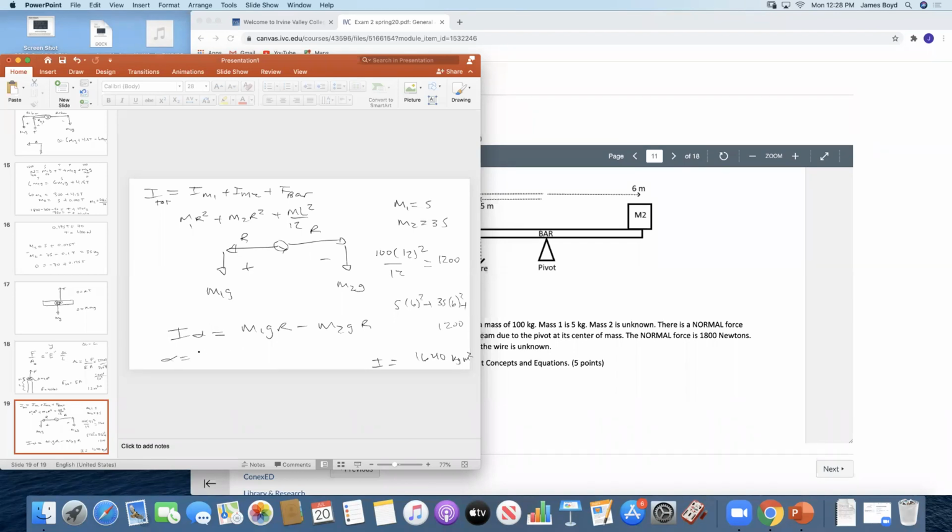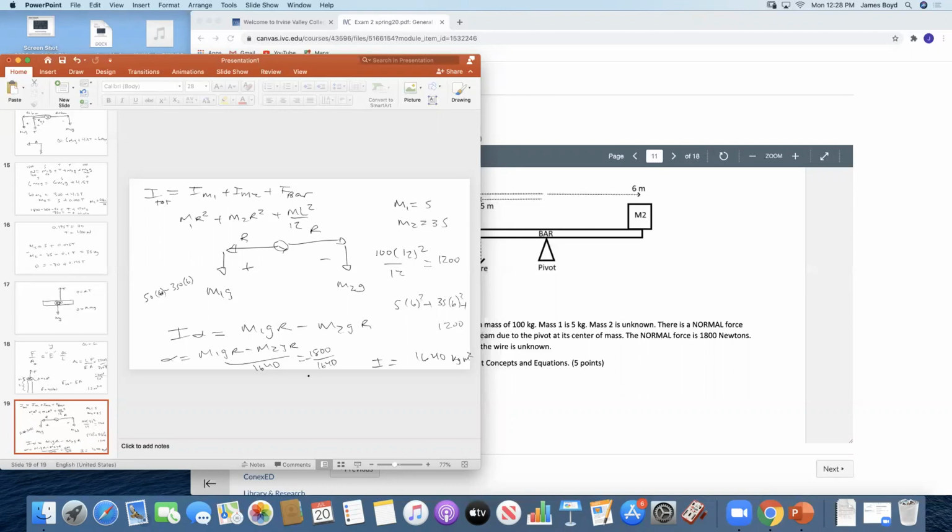So really alpha is M1 g R minus M2 g R over 1640. M1 times g is 50. M2 times g is 350. So this is 50 times, I'm sorry, times 6 minus 350 times 6, or 300 times 6 is 1800 over 1640, but it's got a negative sign.